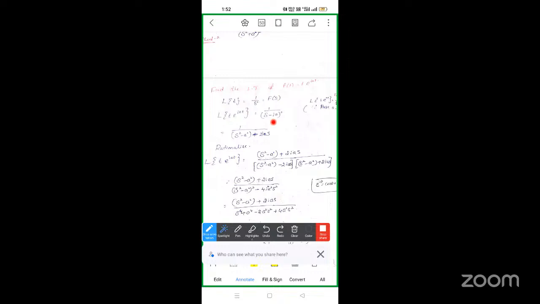So 1 by s minus a whole square. Expansion: a minus b whole square is a square plus b square minus 2ab. So next, rationalize the denominator.